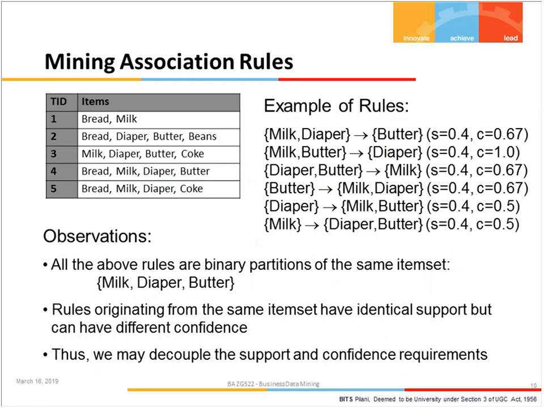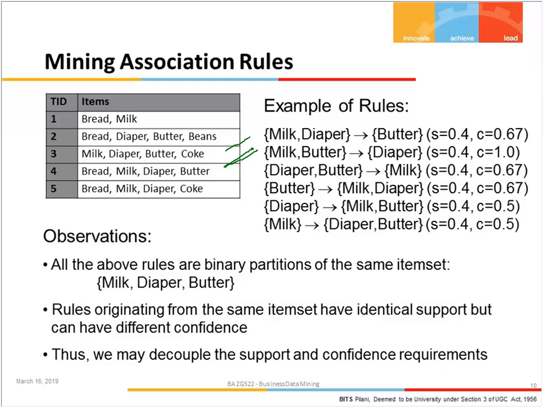So milk, diaper, butter: this is in transaction 4, and it is also in transaction 3. So the support for milk, diaper, butter is 0.4 or 40%, 2 out of the 5.